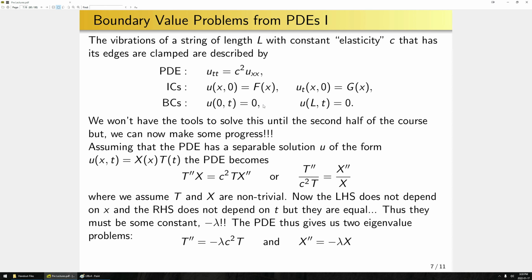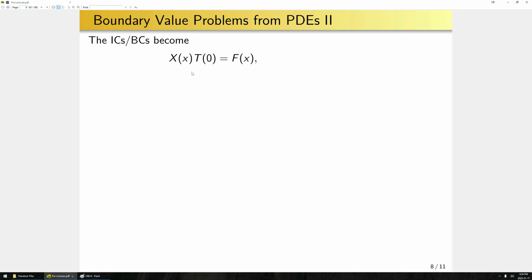Okay, so pretty direct comparison plugging it in. If I do the initial conditions, I would plug this in and I get t of 0 here and t prime of 0. So the first initial condition would become this, and the second one would simply become this.